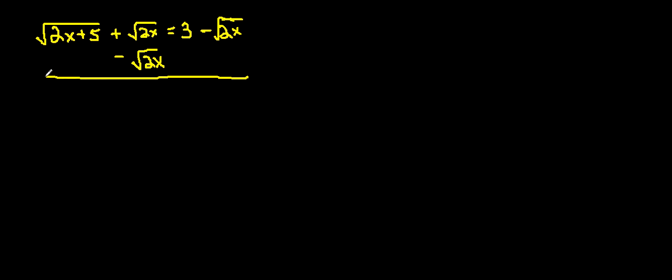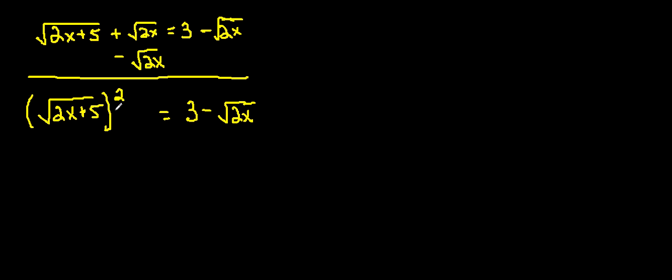Okay, so draw my line, and I've got this square root of 2x plus 5 by itself now, and that's going to be equal to 3 minus the square root of 2x. Okay? And now how about we square both sides?